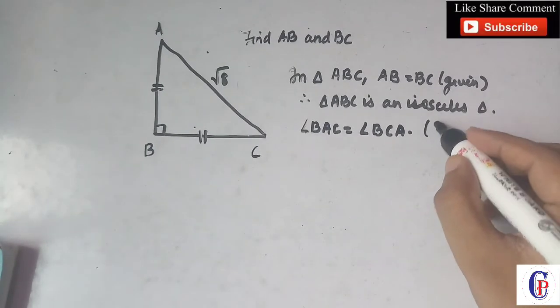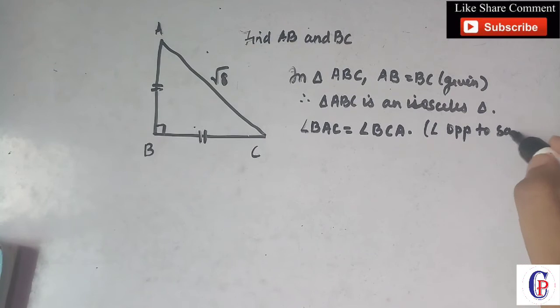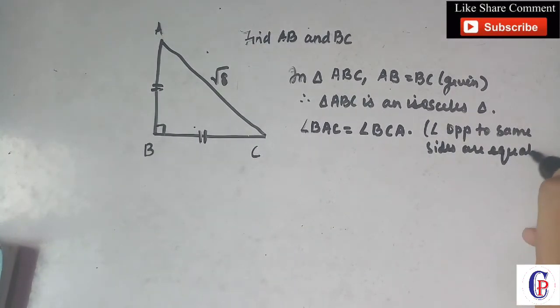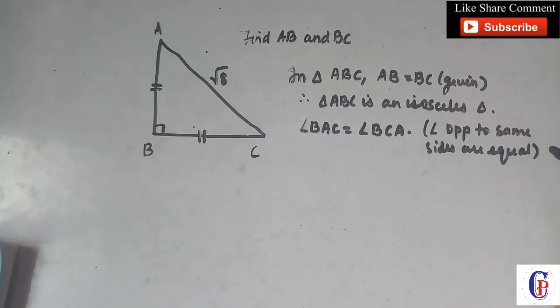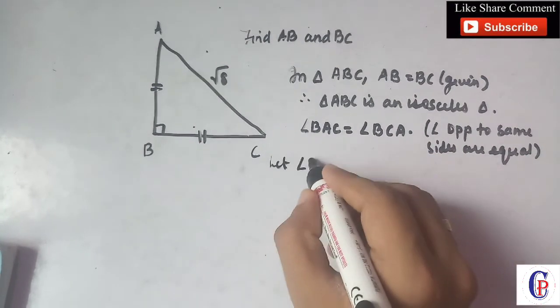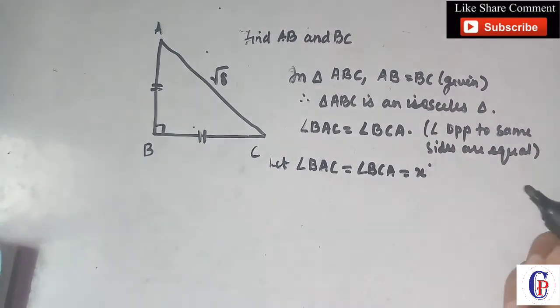So we will write, angles opposite to equal sides are equal. So if they are equal, let us assume it to be x. Let angle BAC is equal to angle BCA is equal to x degrees.